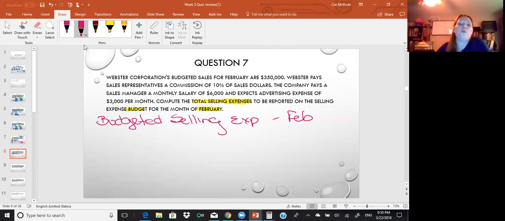Okay, so Webster's Corporation budgeted sales for February are $350,000. Webster pays sales representatives a commission of 10% of the sales dollar. The company pays a sales manager a salary of $6,000 and expects advertising expense of $3,000 per month.